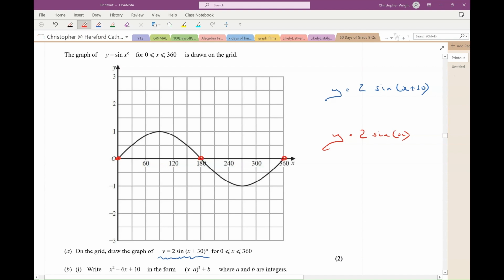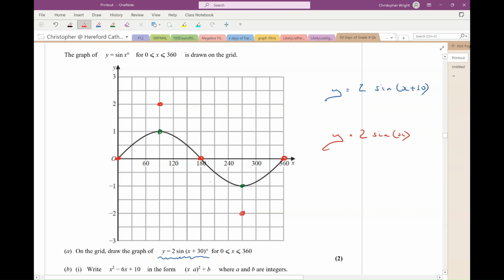This point, instead of having a y value of 1, would now have a y value of 2. And this point, instead of having a y value of minus 1, would now have a y value of minus 2. So that red curve would look like that. That is the curve of y equals 2 sine x.